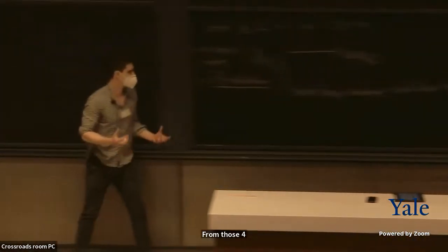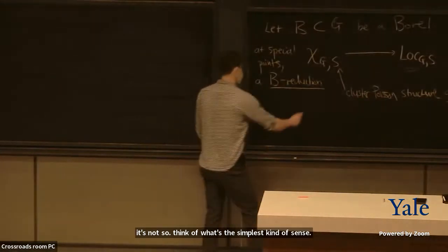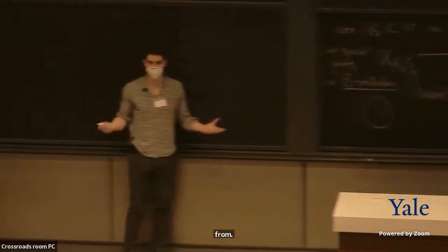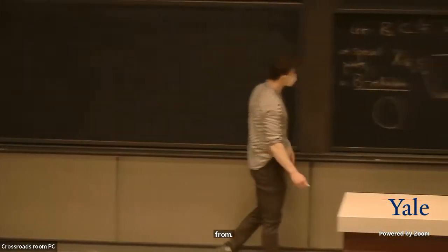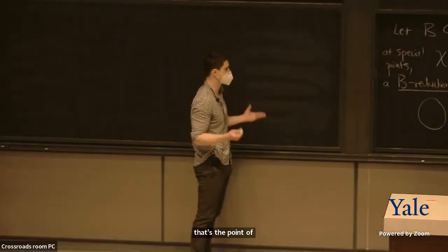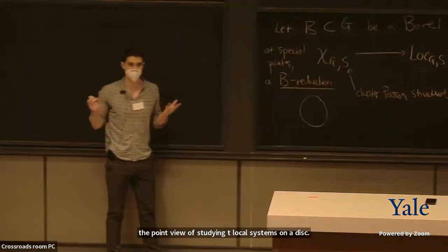So think of what is the simplest kind of surface we might want to glue this cluster Poisson structure from. Well, maybe the simplest of all possible surfaces, we should take a disk. But unfortunately, from the point of view of studying G-local systems on a disk, at least as a set or as an affine variety, that's not a very interesting space. It's a point.